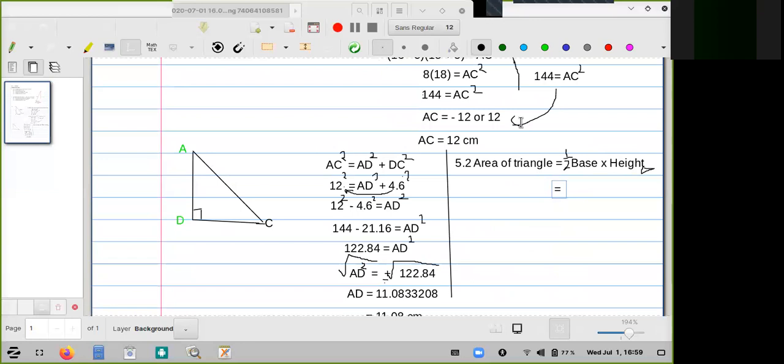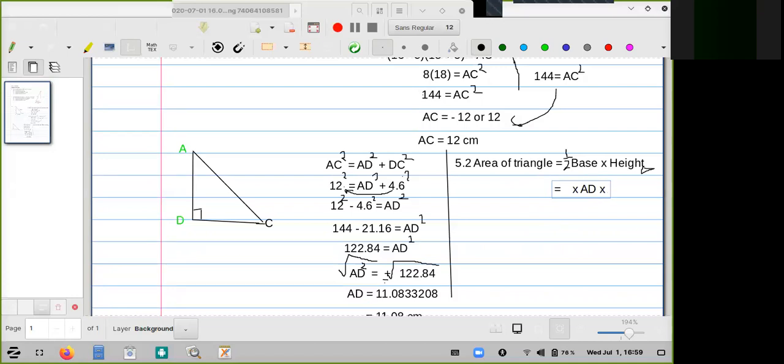Which means we are now going to say it's half times, let me now say my base is AD. My AD is 11. I just want to identify them or to know them.